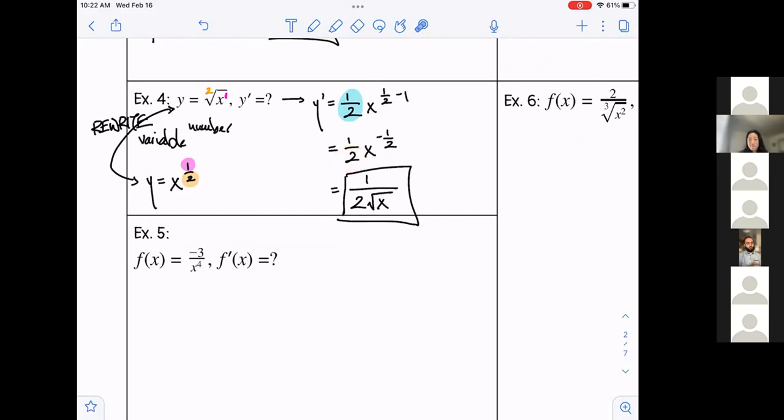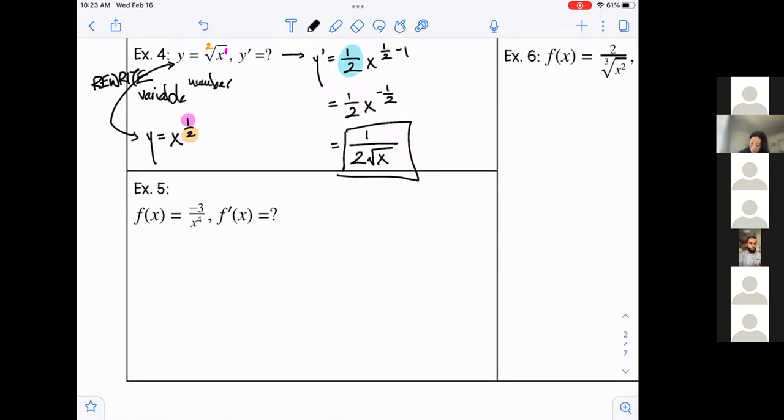Okay, then how come you put the 2 at the bottom? This 2? No, for 1 over 2, square root of x. Okay, so 1 over 2 is this 1 over 2. Mm-hmm. Okay, then x to the negative 1/2 is the square root of x on the bottom. Oh, okay, so it's just getting added onto it. Okay.